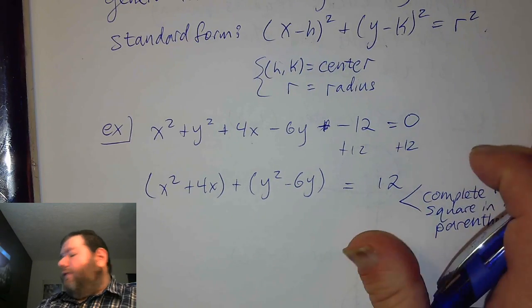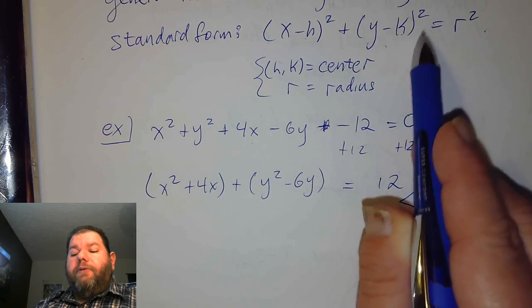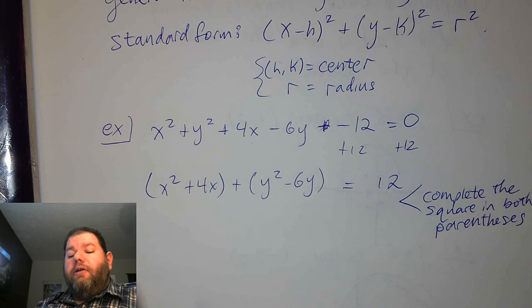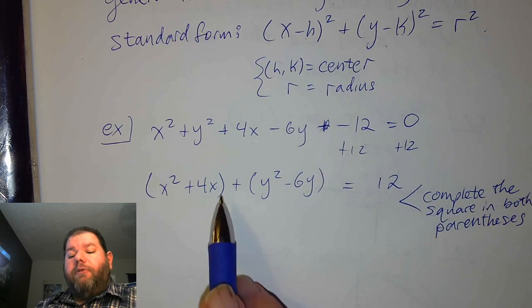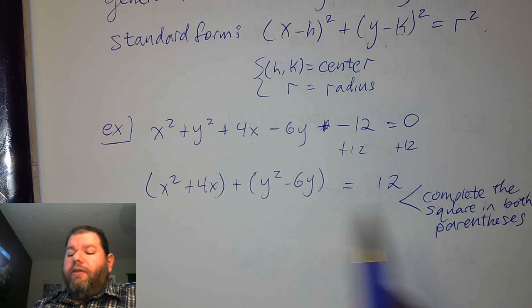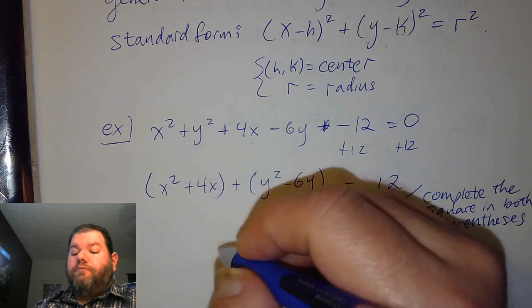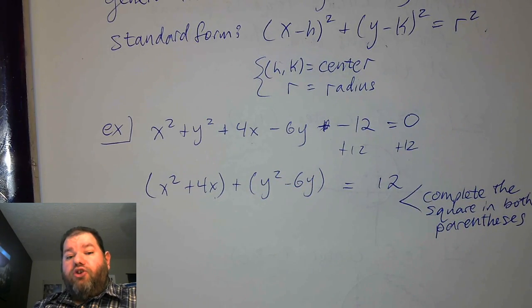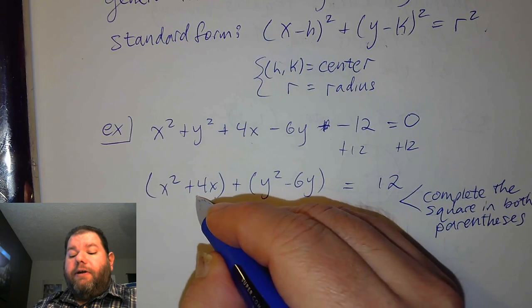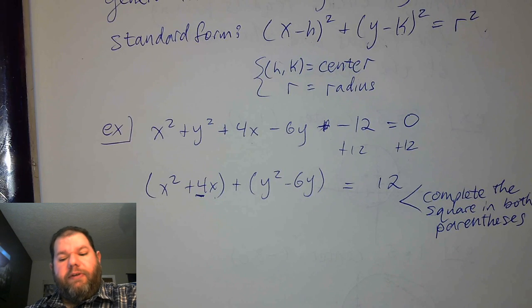The goal still is to get to this format where we have a binomial squared plus a binomial squared equals the radius squared. So before we can get a binomial squared, we need a third term here that makes it work out perfectly. And that's the goal of this process right here, is to figure out what third term we need to make that factor perfectly. Now the way that we choose this number is based entirely on the number in front of the linear variable, in this case x.